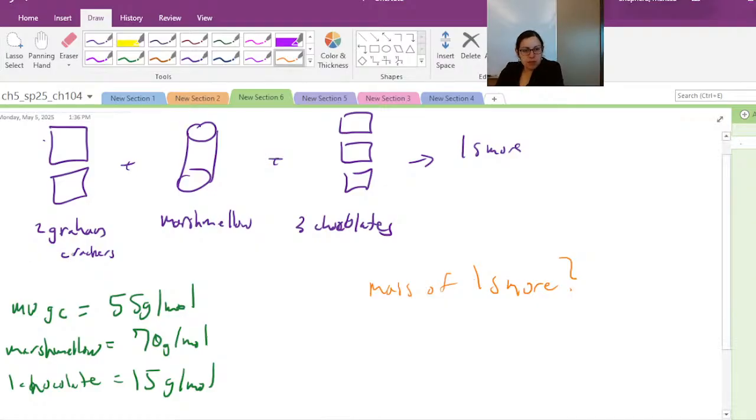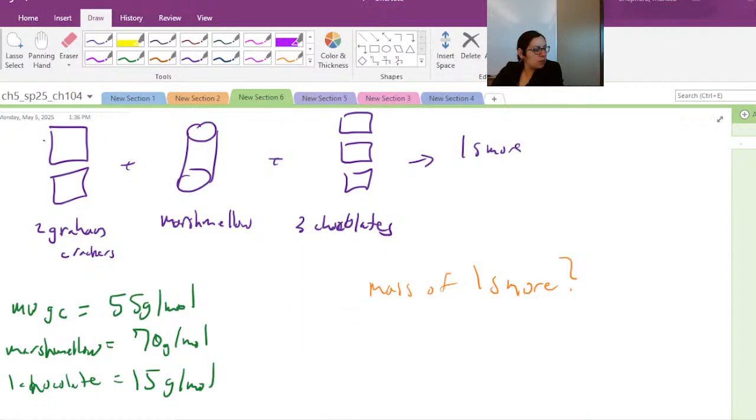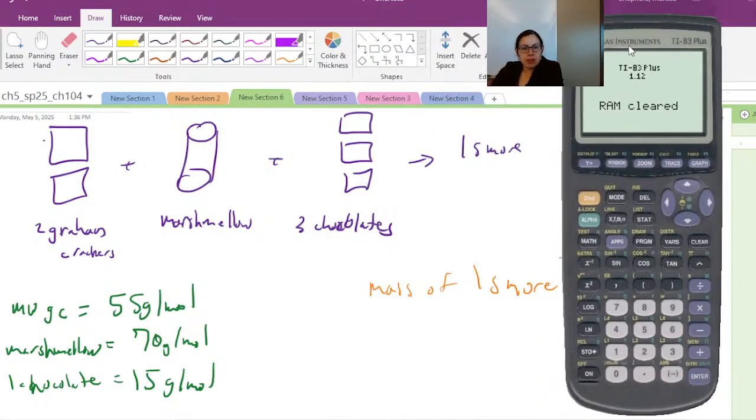So what do we get for this one? So we just have to add everything up. What do we get for our mass then of one s'more? So 225, that sounds good. Is that what other people got? So 225. That sounds correct.